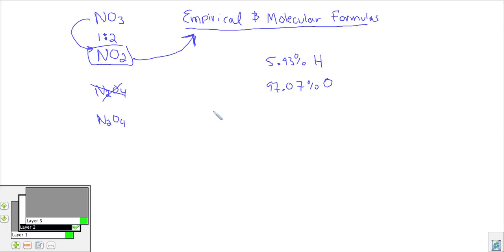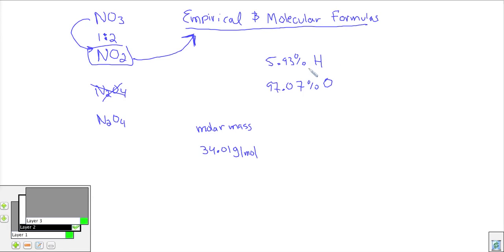And they tell me that the actual molar mass is 34.01 grams per mole.